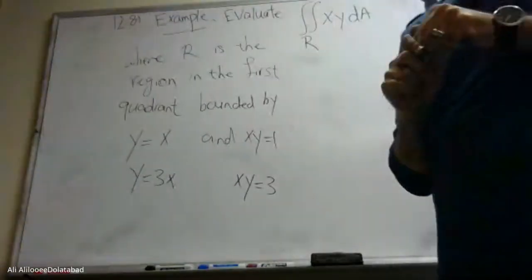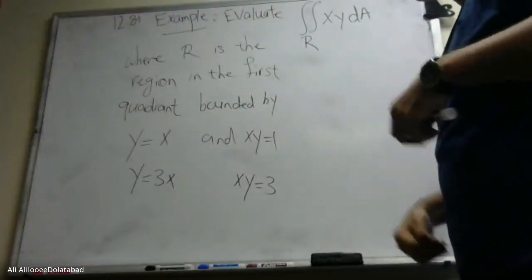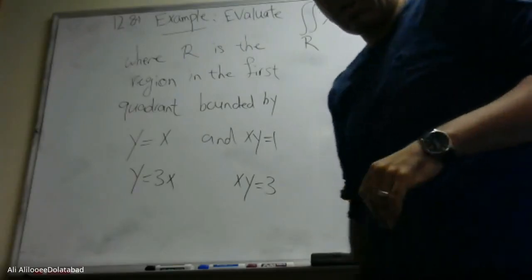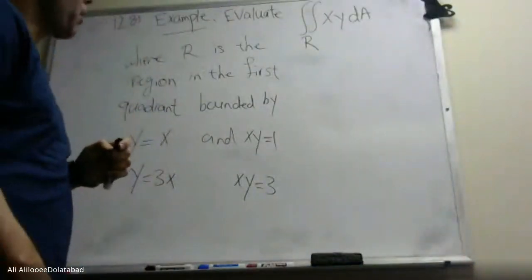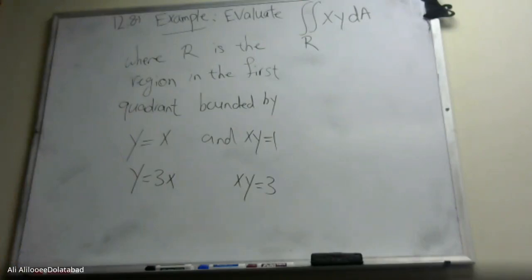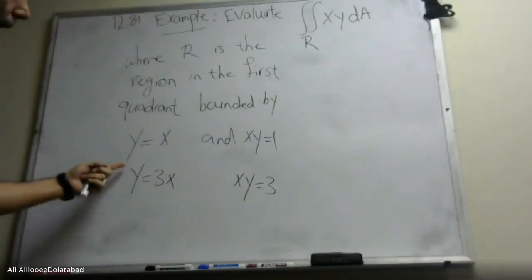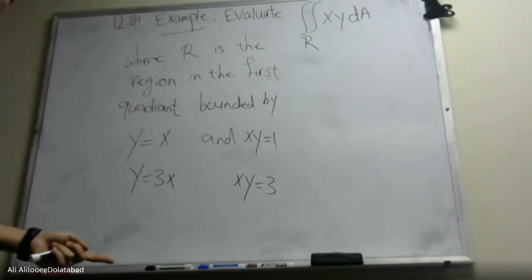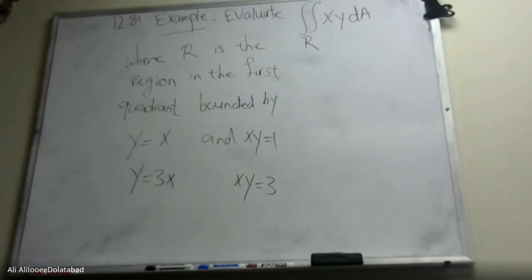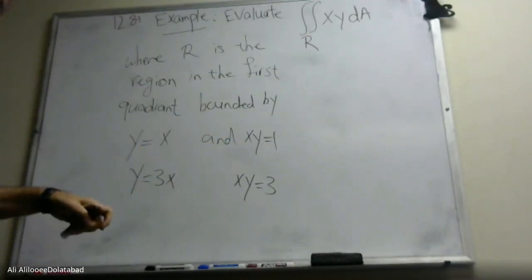So evaluate this integral of xy dA on R, where R is the region in the first quadrant bounded by y equal x and y equal 3x, these are lines, and xy equal 1 and xy equal 3, these are hyperbolas.